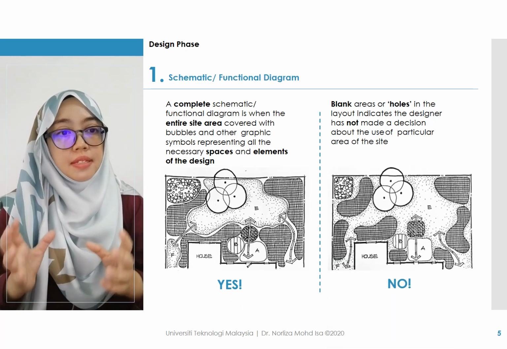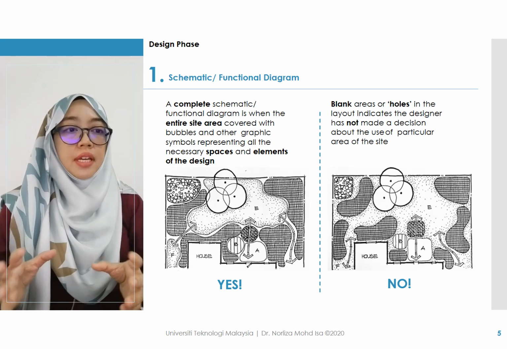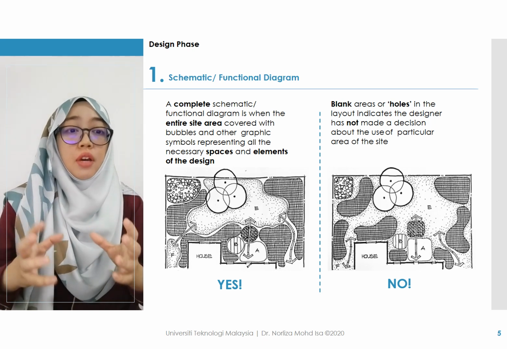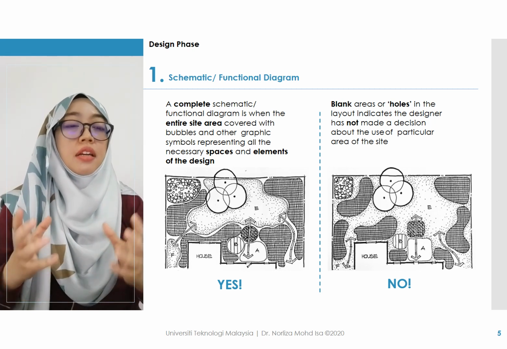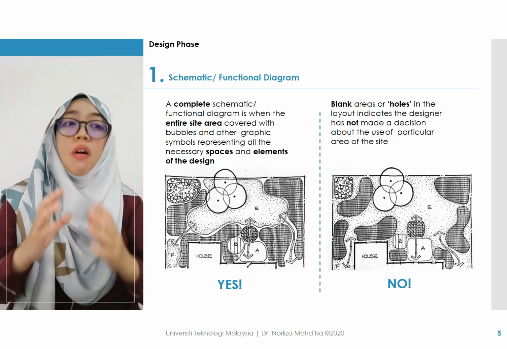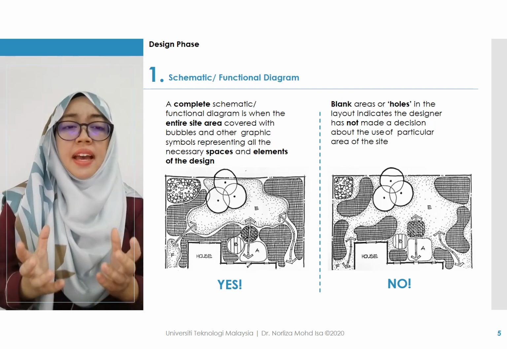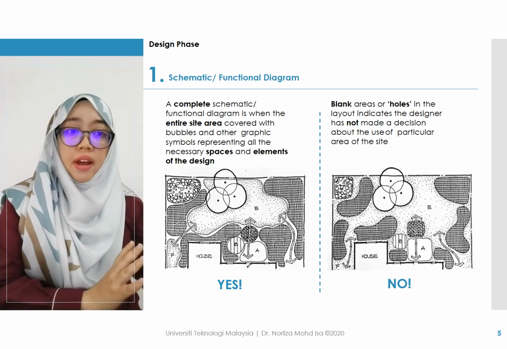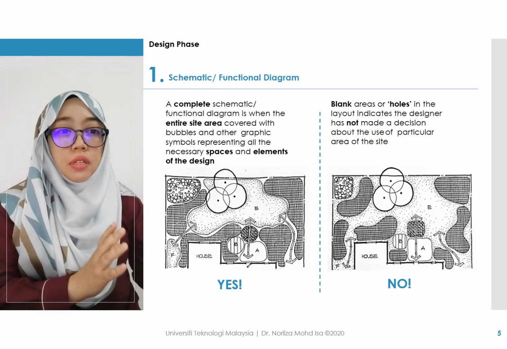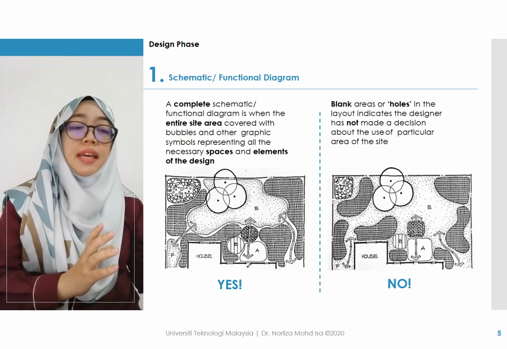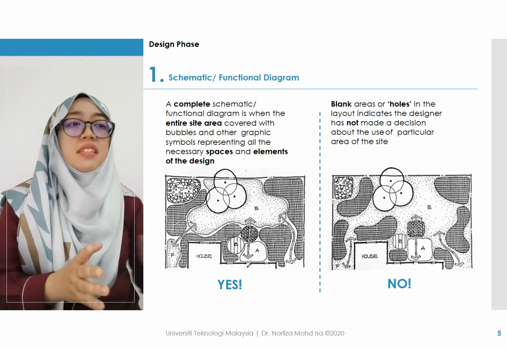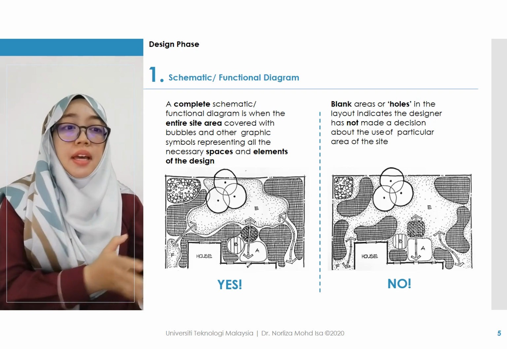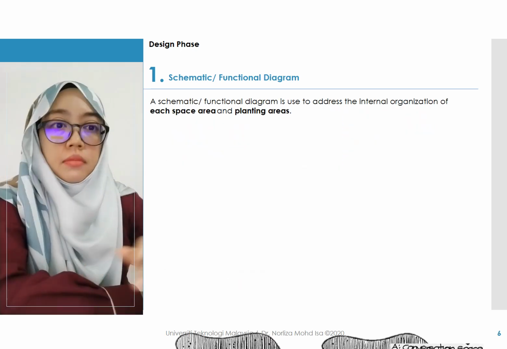A complete schematic or functional diagram is when the entire site area is covered with bubbles and other graphic symbols representing all the necessary spaces and elements of the design, whereas at the right, the blank areas or the holes in the layout indicate that you as a designer have not made a decision about the use of a particular area of the site.